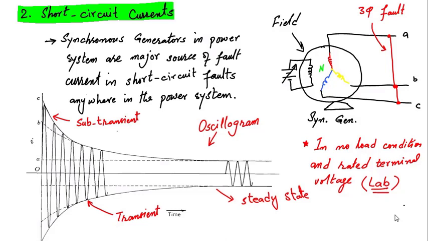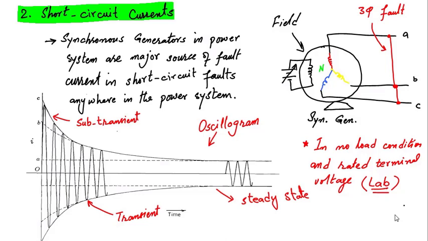These three currents are very important because in the sub-transient and transient periods our protection equipment responds to the fault. For example, equipment installed in the power system must be capable of handling this high amount of current in the sub-transient period and must be capable of interrupting this current during the transient period.